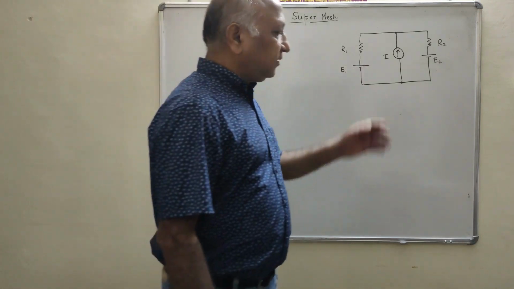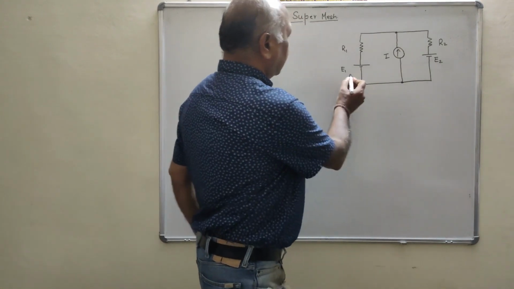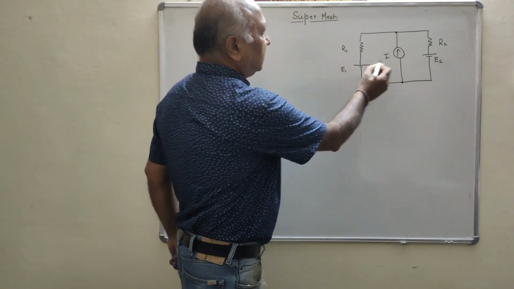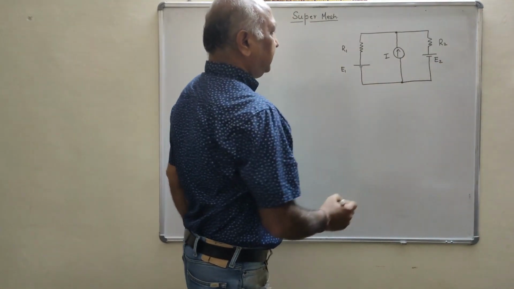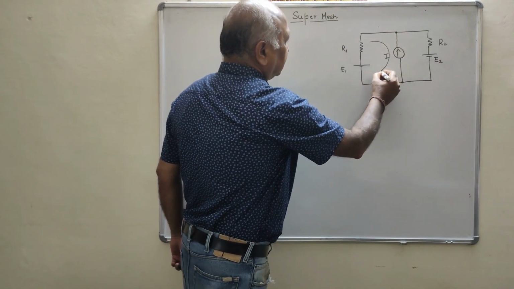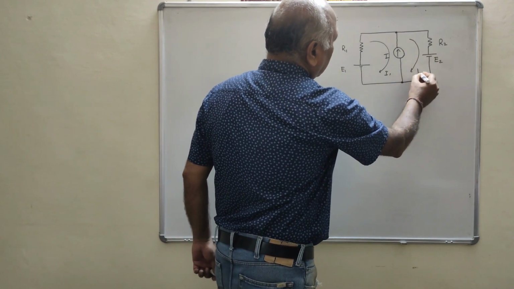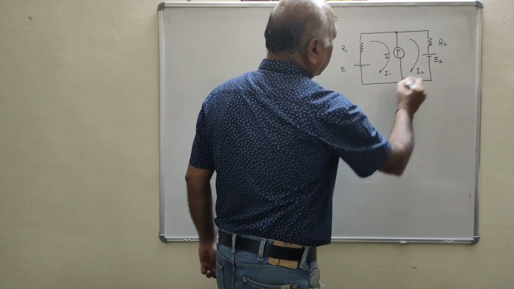For example, this is a network. Here this is E1, this is R1, this is R2, and this is E2. This is I1 and this is I2, and we have to calculate I1 and I2.